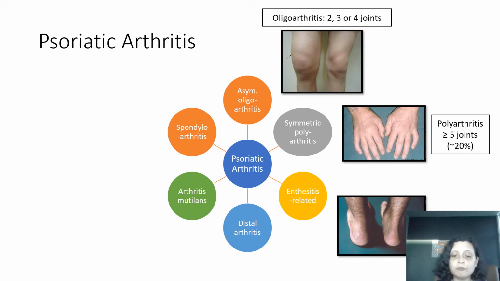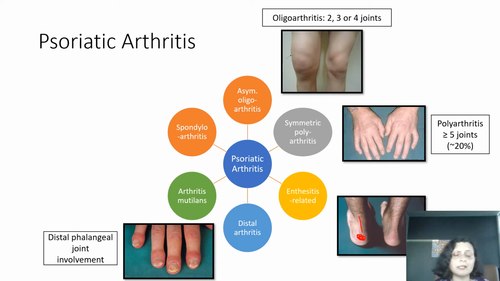To refresh our memories, enthesis is the point on the bone where the tendon attaches to it. In this diagram, this is the Achilles tendon and it attaches to the calcaneum bone right over here. So inflammation and pain on this part is enthesitis related arthritis, which could also be one of the presenting features of psoriatic arthritis.